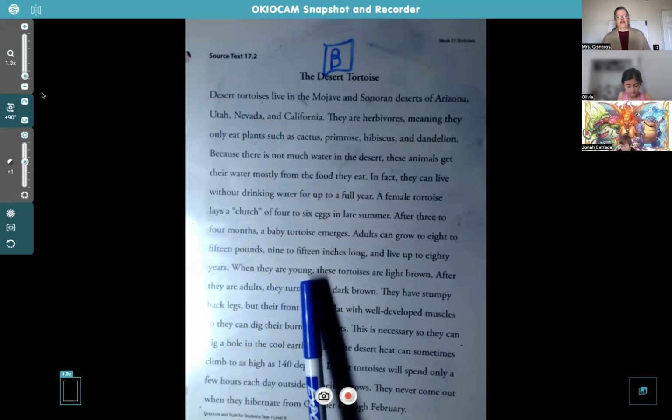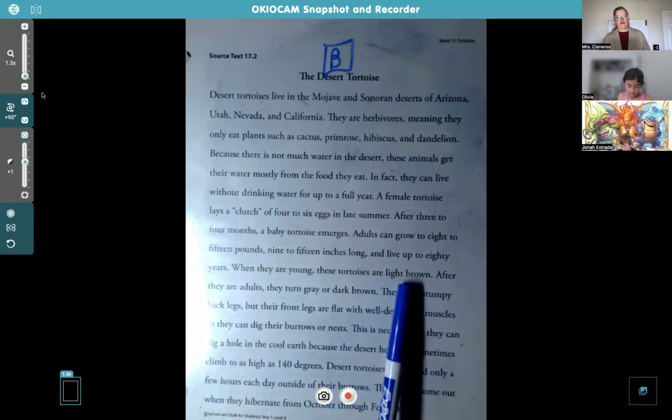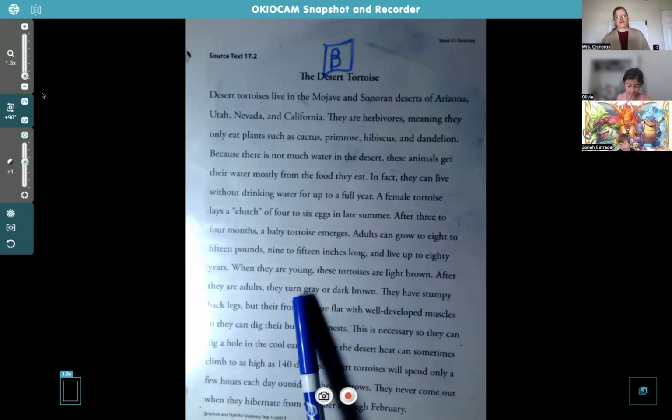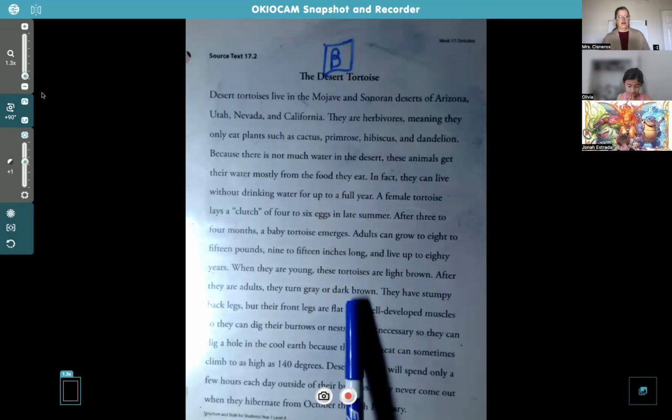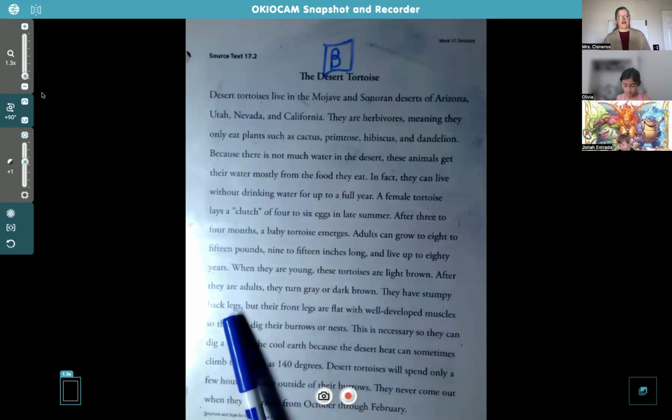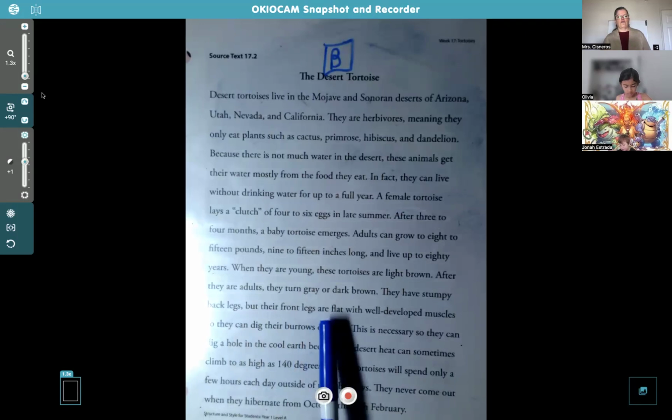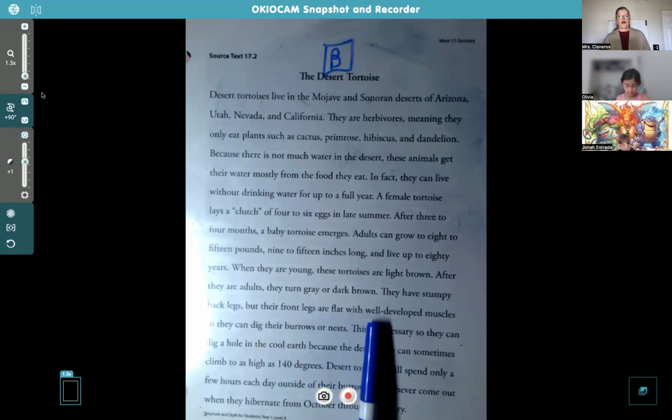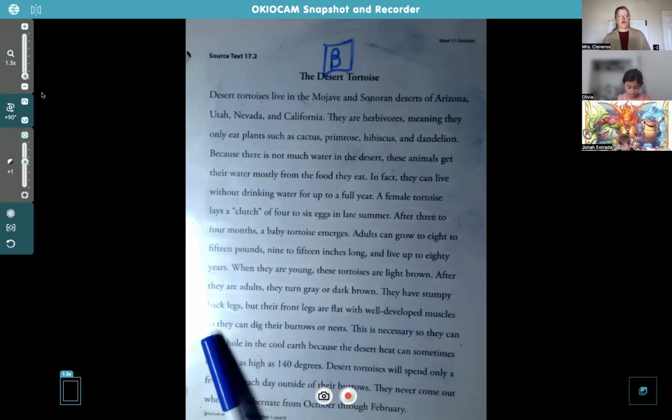When they are young, these tortoises are light brown. After they are adults, they turn gray or dark brown. They have stumpy back legs, but their front legs are flat with well-developed muscles so they can dig their burrows or nests.